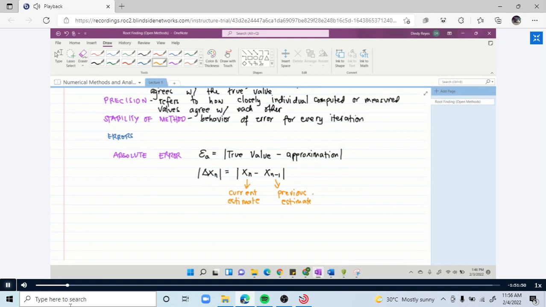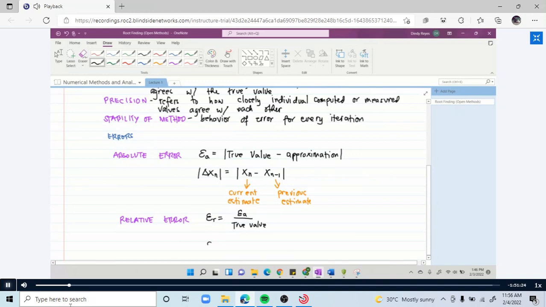Okay, absolute error. And then the other one is called relative error, which we can denote by E or epsilon sub r. And that is just the absolute error over true value.